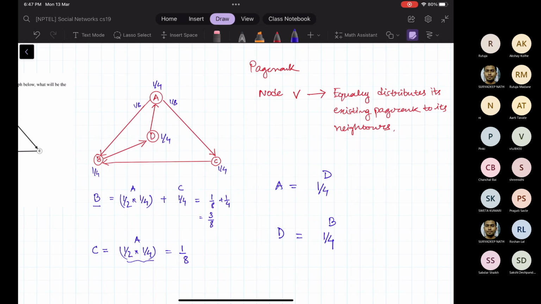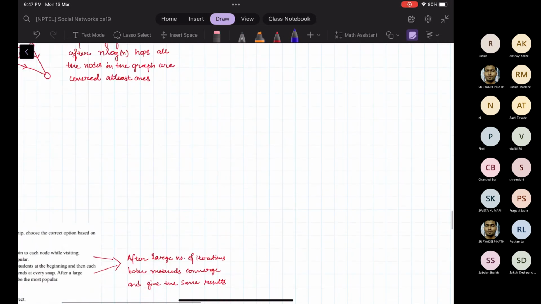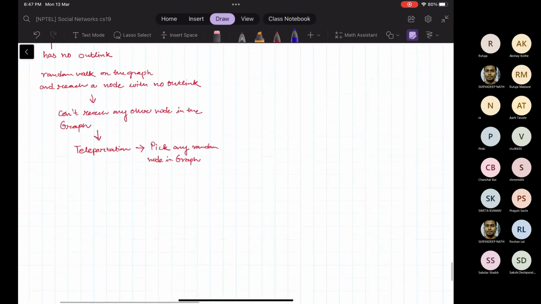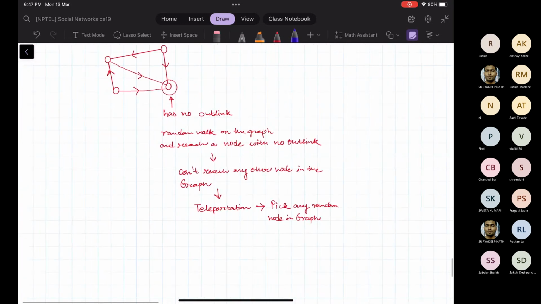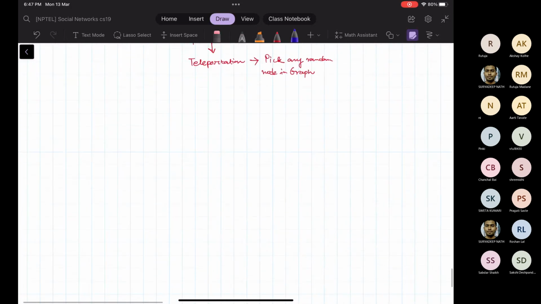All right. Someone is asking about density of a community with an example. So let me try to give you an answer. Density of a community.